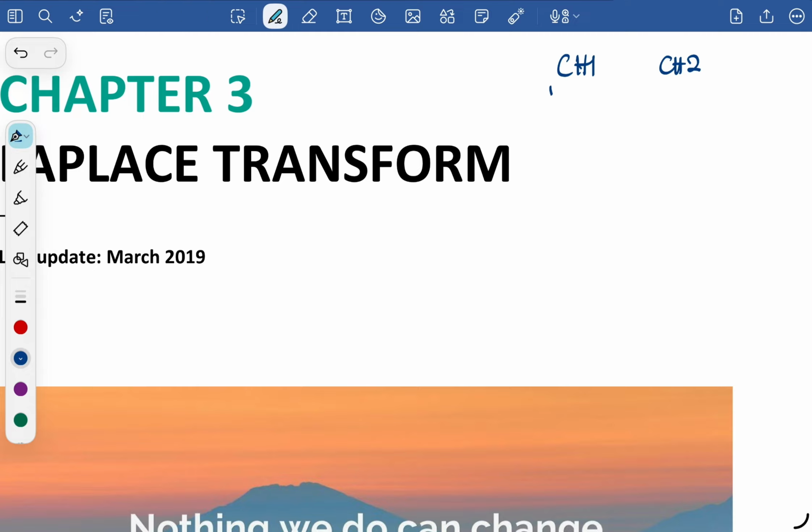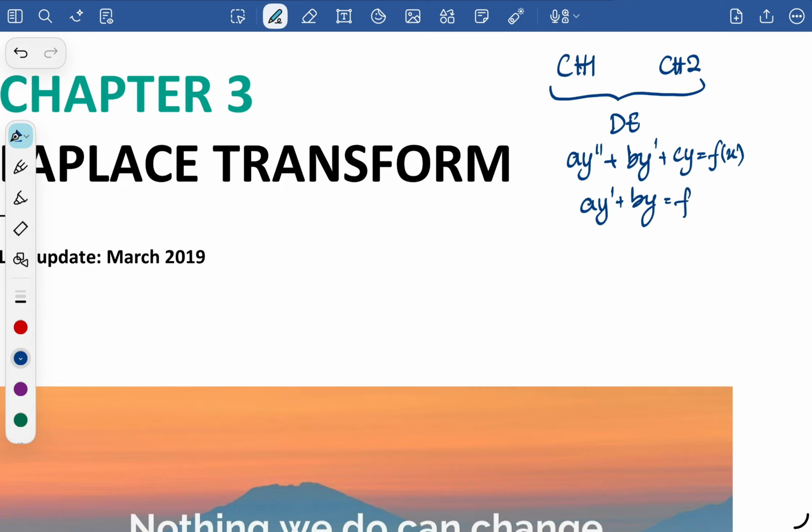The main objective that we have covered before is whenever you are given a differential equation, like ay'' + by' + cy = f(x), or ay' + by = f(x), for example, in chapter 1 and chapter 2 you are given the differential equation in this form, and the main objective of your solution is to find what is the y.